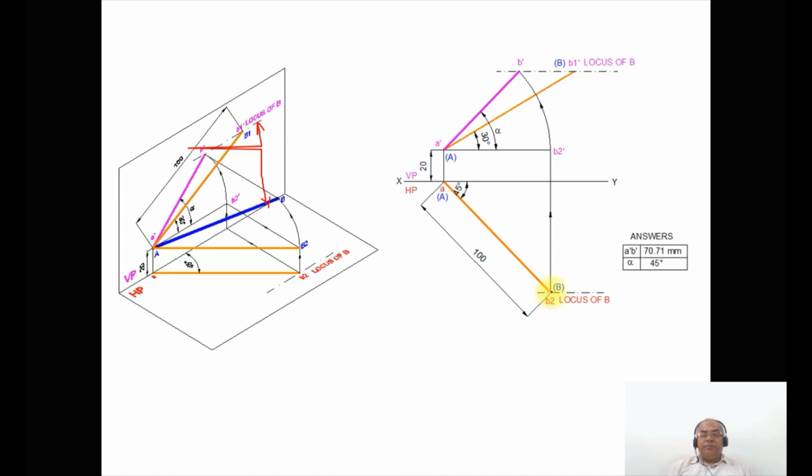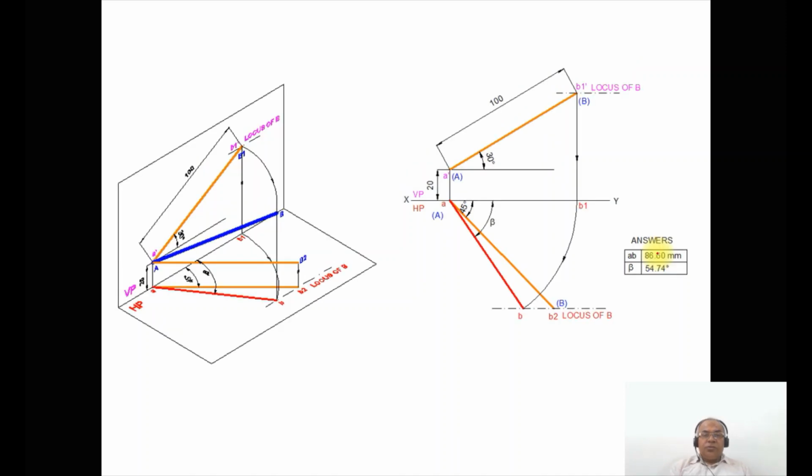From B2 you draw a vertical projector such that A dash B2 dash is above the xy line by 20 mm. With A dash as center, taking the radius of A dash B2 dash, you rotate it to touch the locus of B in the front view, and you mark this point as B dash. Then join A dash B dash with a dotted line. Then you measure the angle alpha and also the length A dash B dash. So that is the solution.